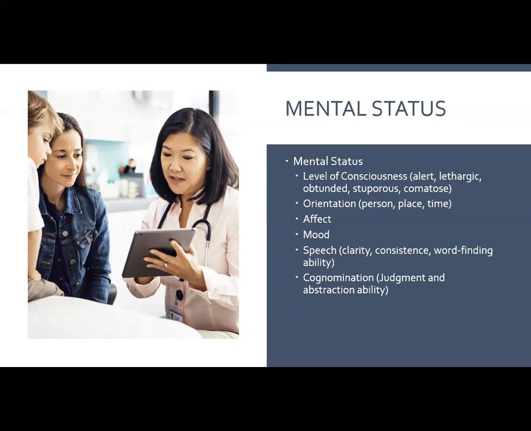So what we have is alert, lethargic, obtunded, stuporous, and comatose. Alert is awake. So it's basically the way I am right now. I'm awake, I'm talking, everything of that nature. Lethargic is sluggish and apathetic. So that's kind of like if you woke somebody up just from a nap. Obtunded is a dulled or reduced level of alertness or consciousness.